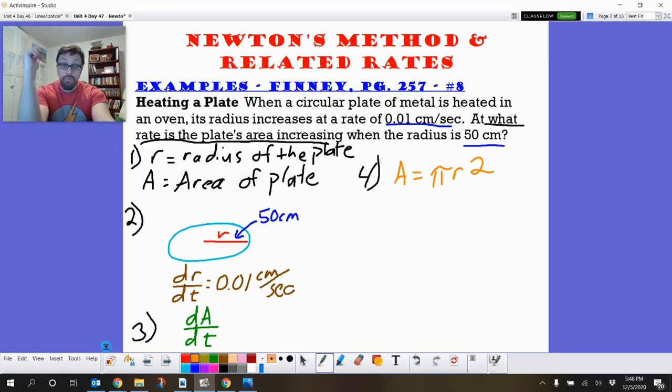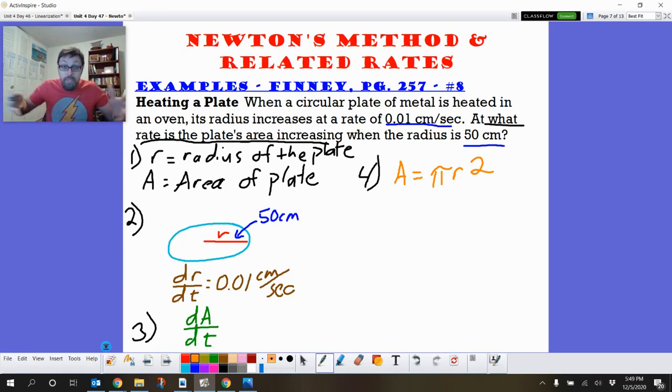I don't want to bring those in right now, because if I bring them in right now, then I'm not going to get a dr over dt, and it's going to freeze that plate in place. I want to talk about how it is changing. If I put in a particular radius right now, it's not going to change anymore. It's stuck at 50 centimeters and it can't get any bigger or smaller.